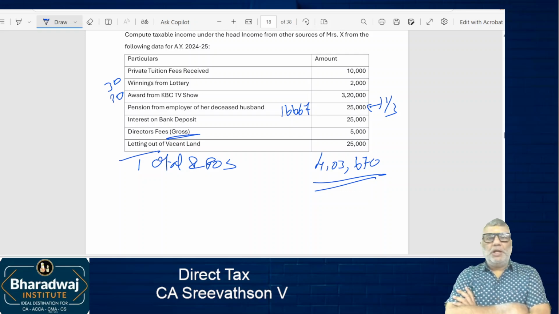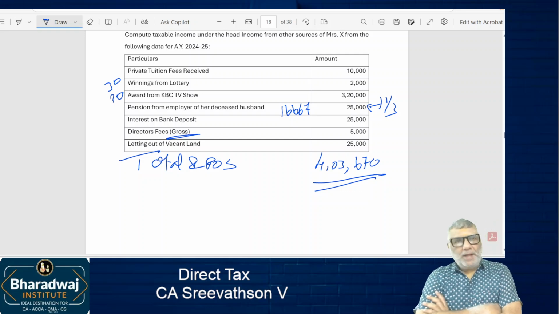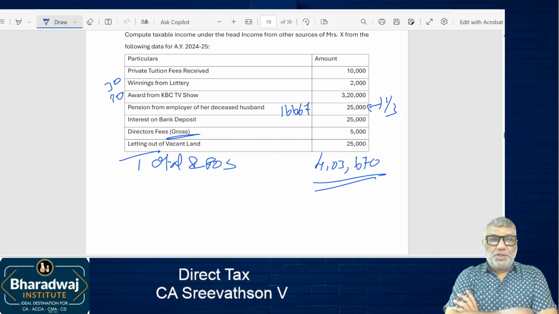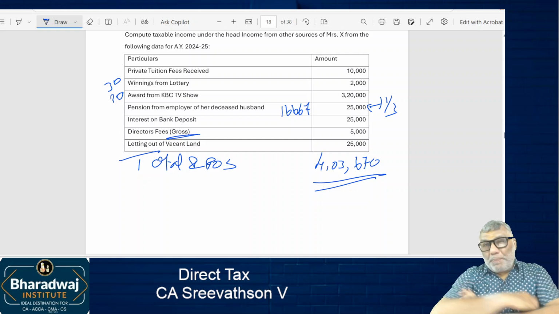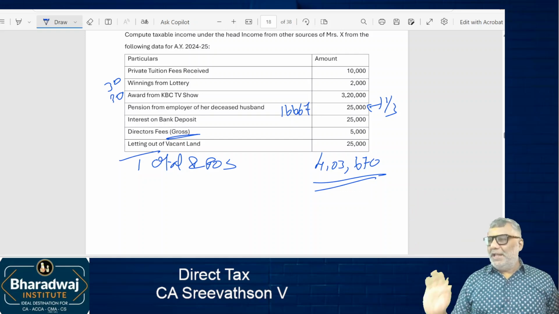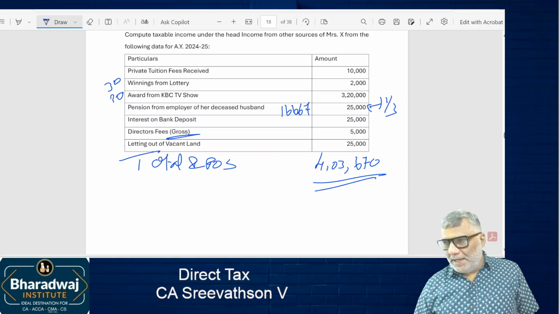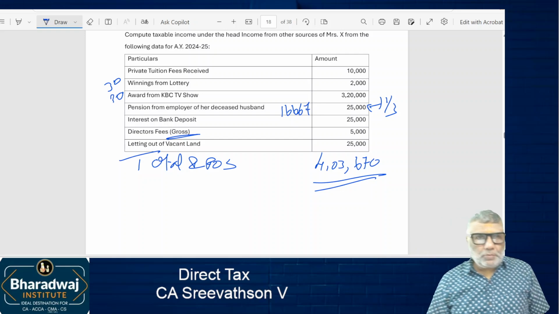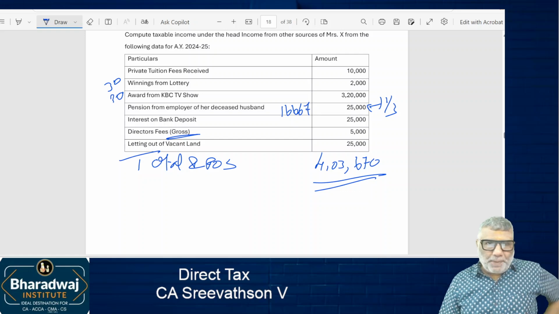The balance house property loss should be carried forward, and there can also be loss from self-occupied property. If you are in the new tax regime, there cannot be a loss from self-occupied property because interest will not be allowed. But on let out property, whatever may be the loss, it can be set off. That is the first thing to remember for house property loss.